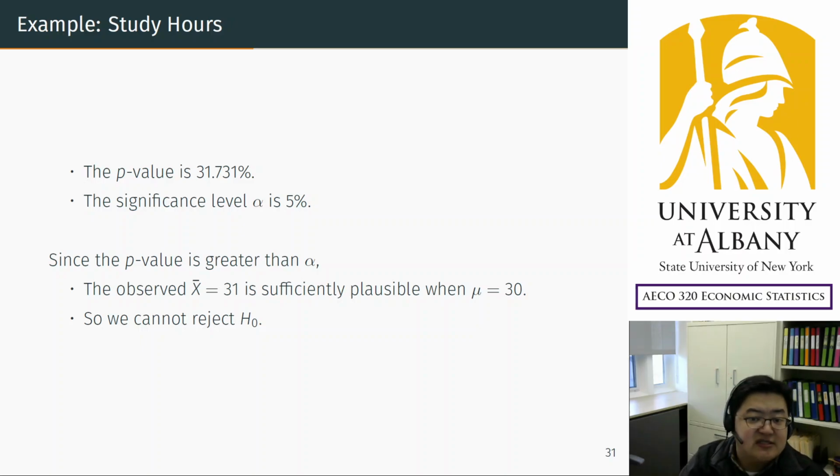So 31 is safe. So you are not rejecting the null hypothesis. That means my belief that students spend 30 hours is accepted, is not rejected, right? So the observation of 31 was different because of a random error, which is possible, right?